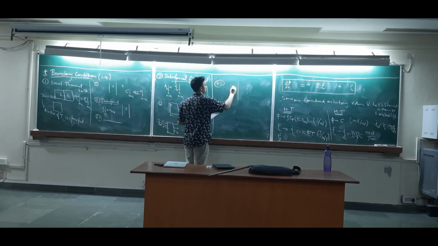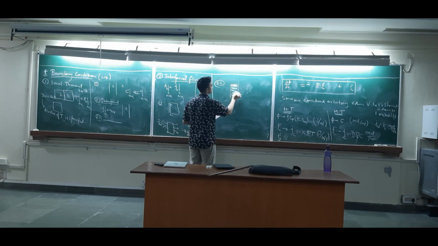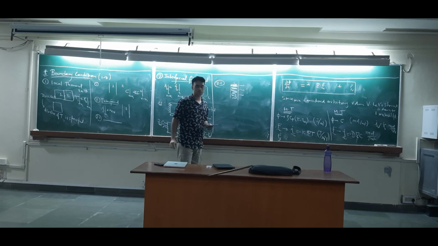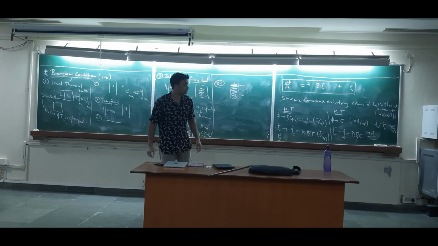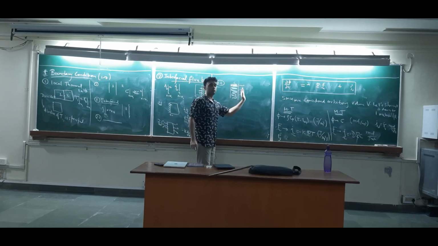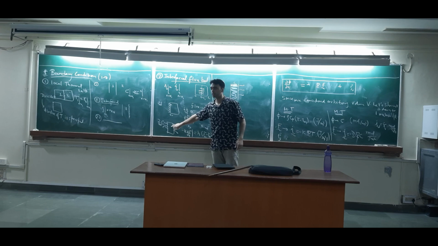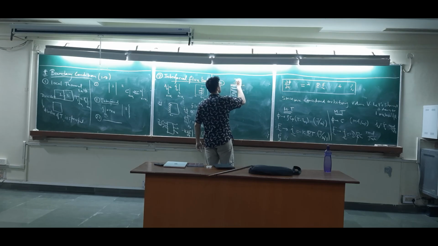You have a film in which there is some concentration C, and it could give away this concentration outside. It could diffuse outside. So just like we had, what did we have here? Conductive flux is equal to convective flux. Same way, diffusive flux is equal to convective flux.